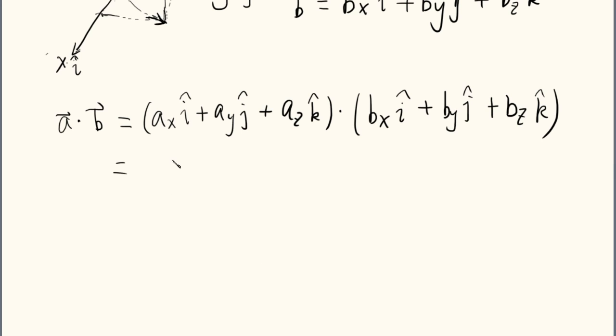For the distributive law we can get the result by multiplying these components one by one.